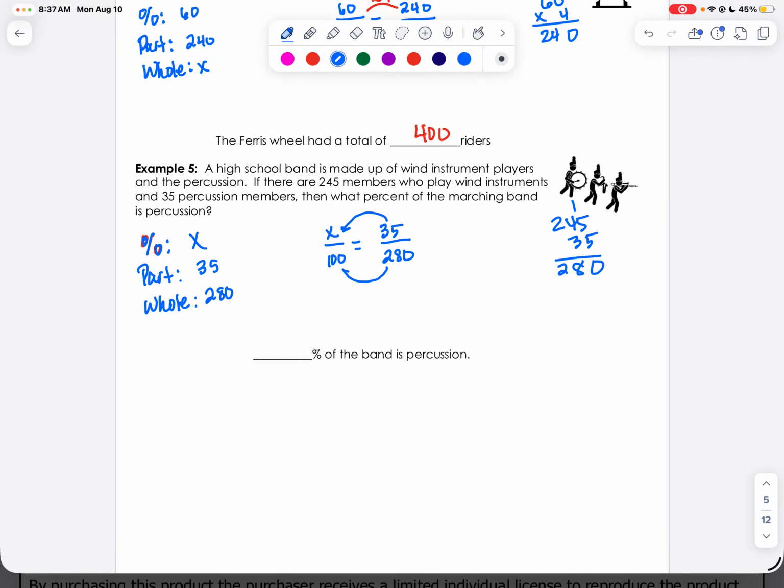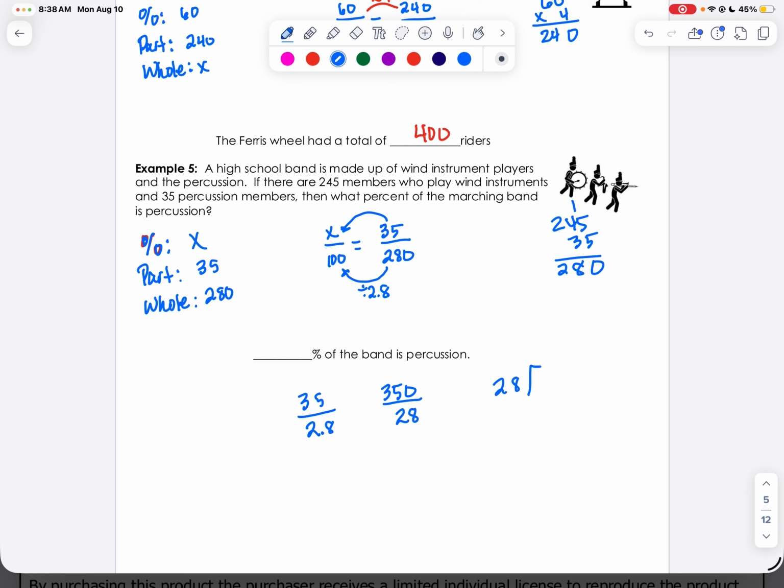So I need to figure out what's my scale factor going from 280 to 100. So I would have to divide by 2.8. So I'm going to take 35 and divide it by 2.8. But remember, our divisor must be a whole number. So I'm going to multiply both of those by 10 so that I can have a whole number divisor.